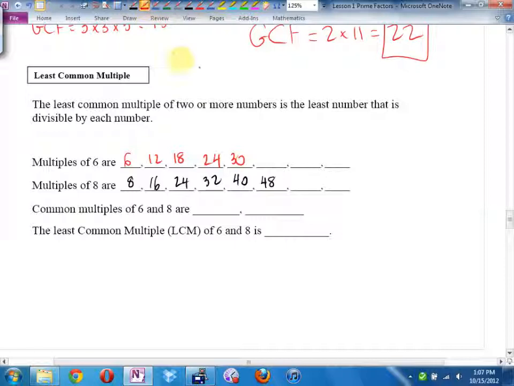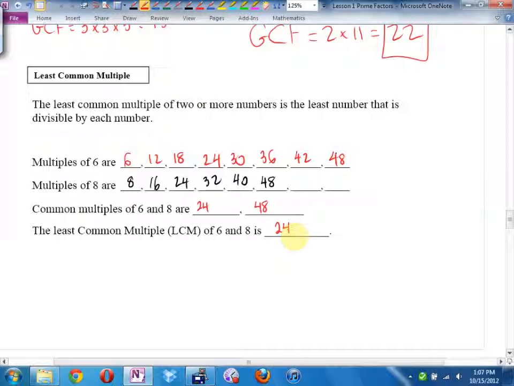And to the 6th list, let's add 36, 42, and 48. What are some common multiples of 6 and 8? Which numbers appear in both lists? 24, 48. What's the least common multiple? What does the word least mean in English? Smallest, lowest, 24.